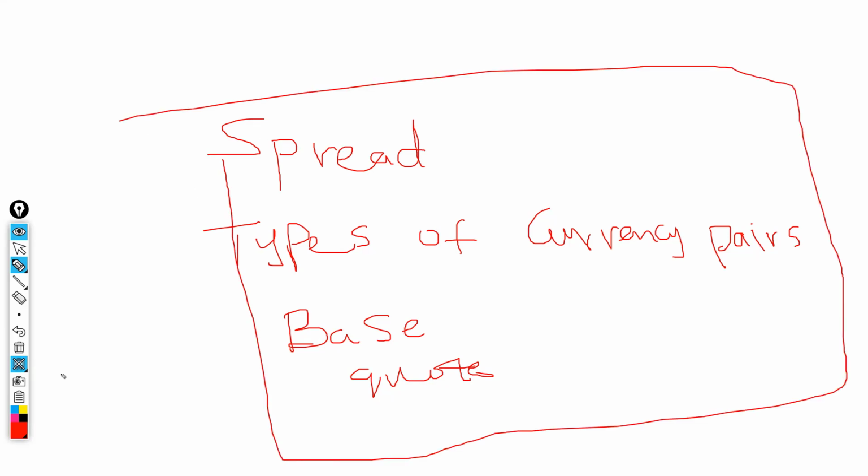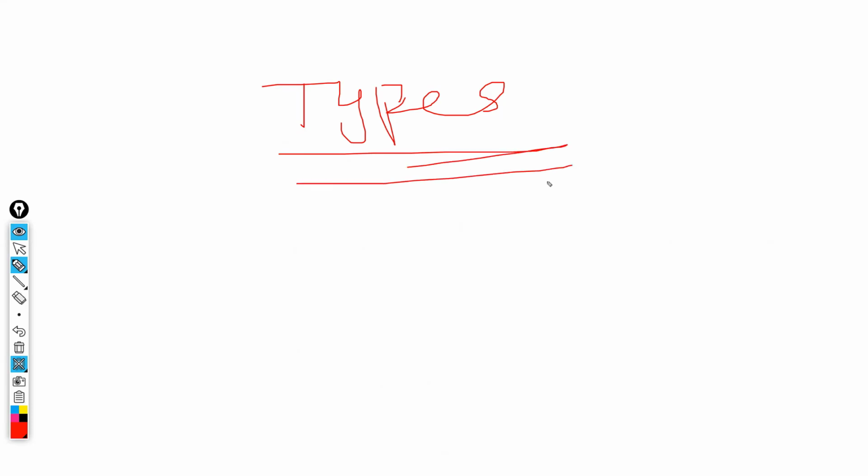Now let's discuss the first thing. We need to talk about types of currency pairs in the forex market. Actually, there are three types of currency pairs. The first is the major currency pairs.